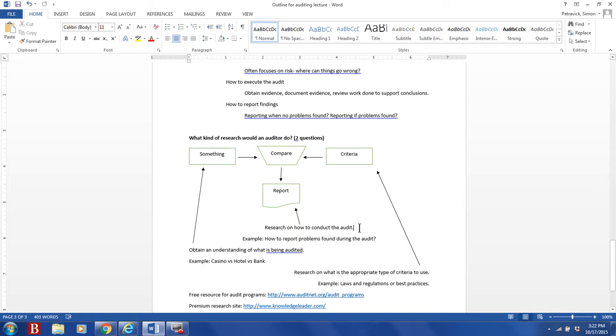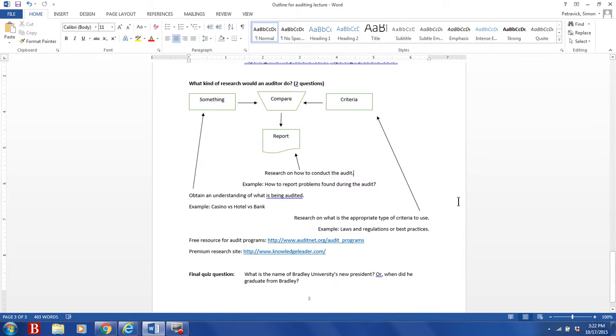And that could involve the standards, but also what a lot of auditors do is they look for something called an audit program. Once you've made a decision about how to audit something, it's not unusual for the auditor to write up a list of steps that would be followed. The list can be given to an assistant auditor who's less experienced, and that gives that auditor some guidance as to what to do.